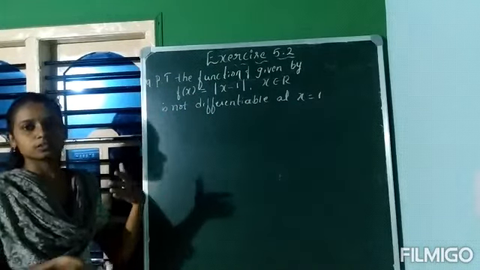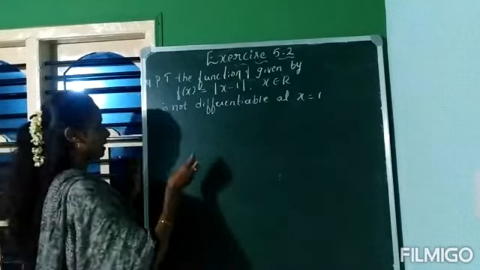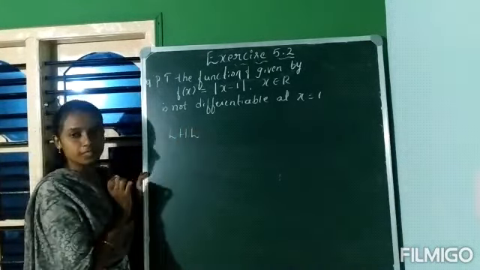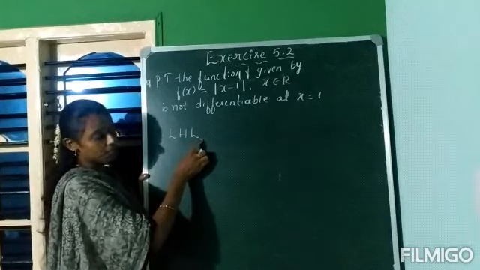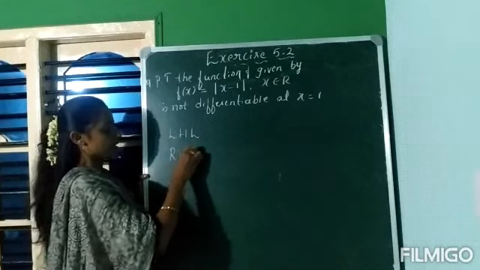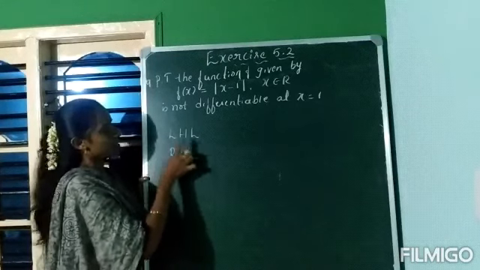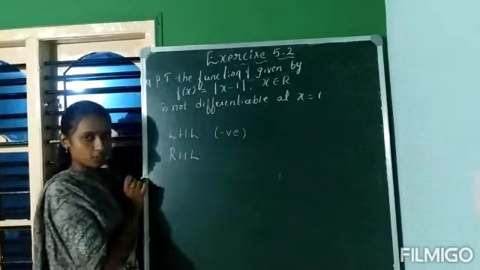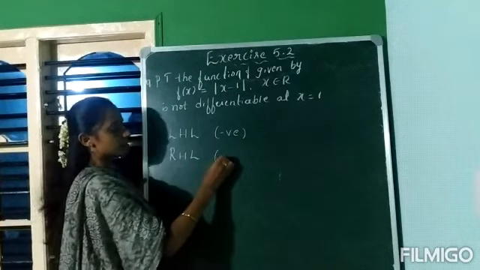How can you prove it is not differentiable? Here are the two cases: LHL, the left hand limit, and RHL, the right hand limit. The left hand limit uses the negative value of this modulus function, and the right hand limit uses the positive value.